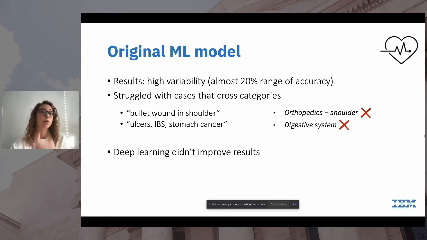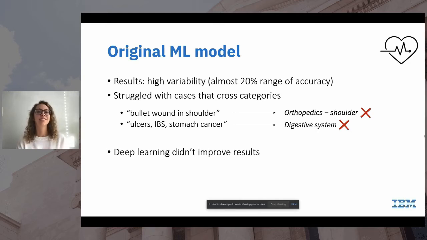So bullet wound in shoulder, if you think about it statistically, both in the training set and reflective of, it's a US-based client. In the US, there are many more orthopedic shoulder injuries than bullet wounds and trauma wounds in shoulders.